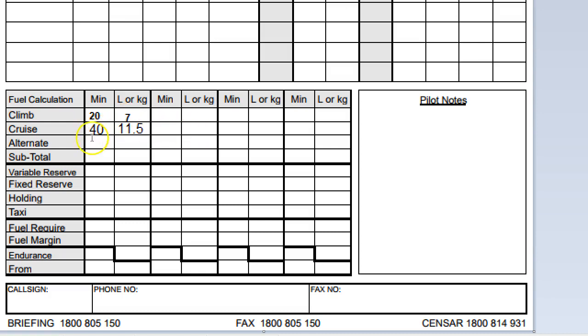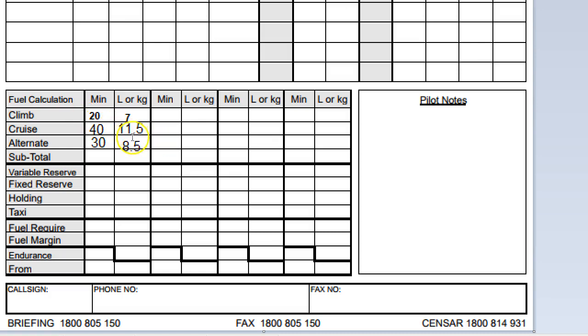Then our alternate for that leg might be, say, let's go with 30 minutes off track. That's probably too long for that, but we're just giving you an example. Now, half an hour at 17 is going to be 8.5 litres.